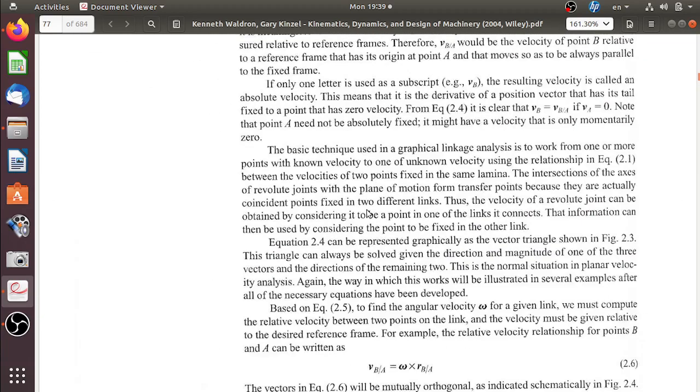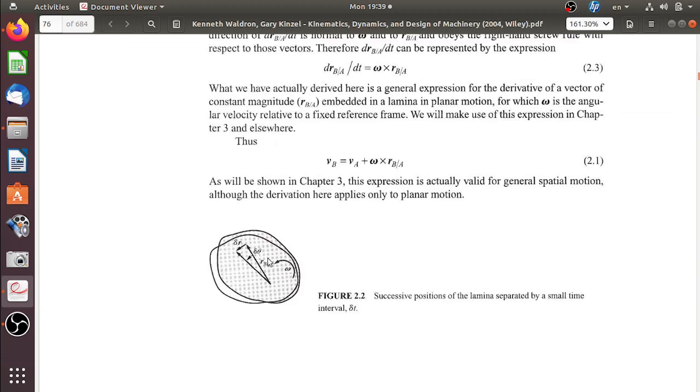Like in this picture, instead of omega, if I put alpha, and that alpha is perpendicular to the plane, and if that alpha is in counterclockwise direction, then I will put the term perpendicular to this RB/A, but in this direction. If that alpha is in clockwise direction, then I will put that term in this direction, perpendicular to this RB/A.